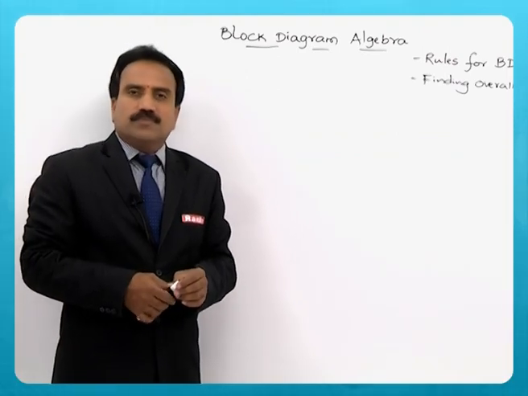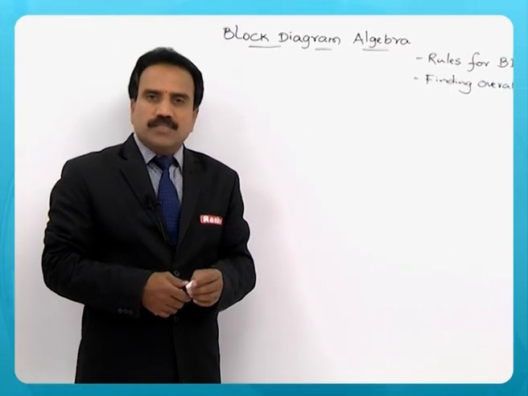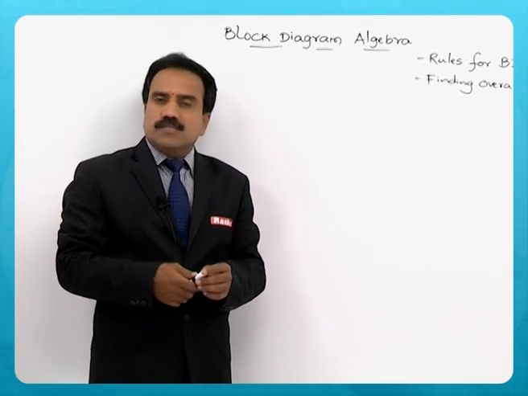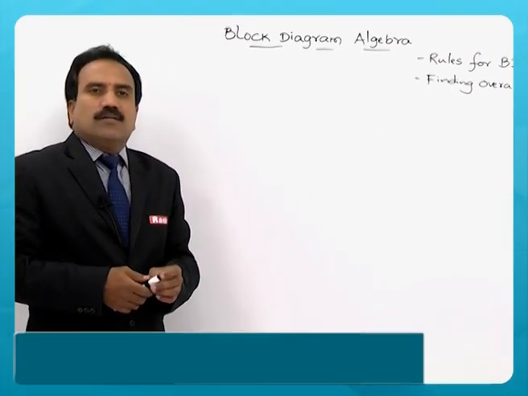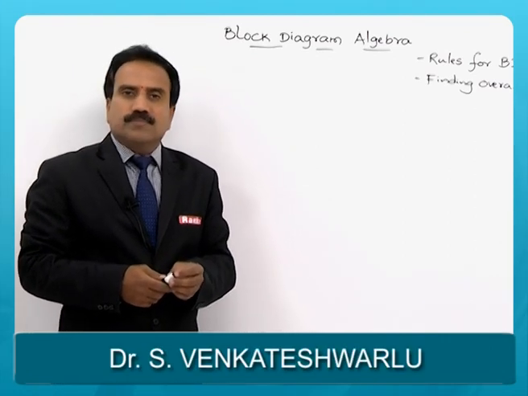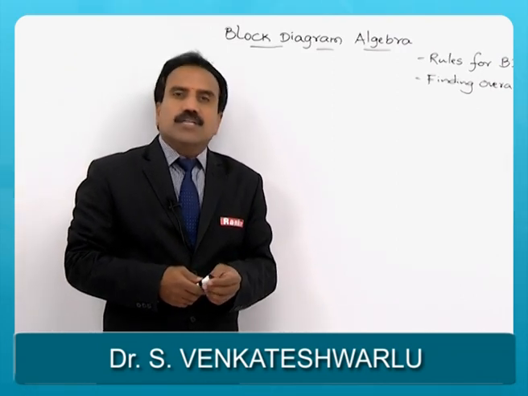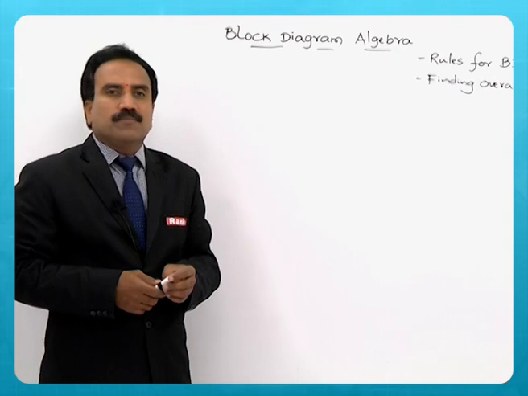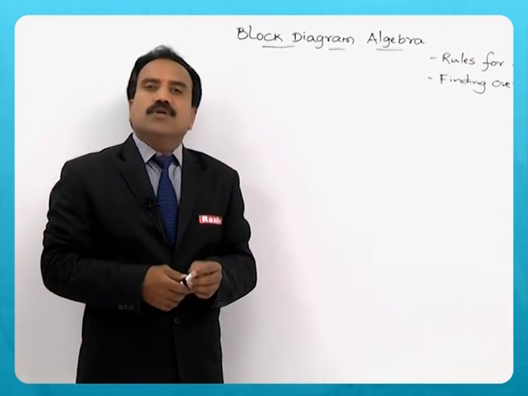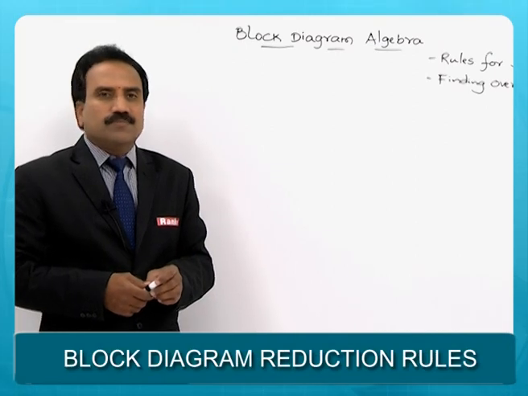A control system can be described in 3 or 4 ways. In the previous classes, we have seen finding a transfer function for an electrical system, for a mechanical system, and when a differential equation was given. Transfer function is an important mathematical model of a control system.